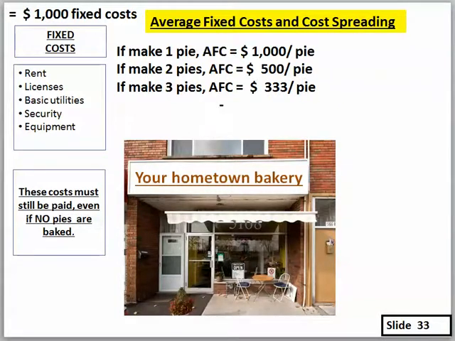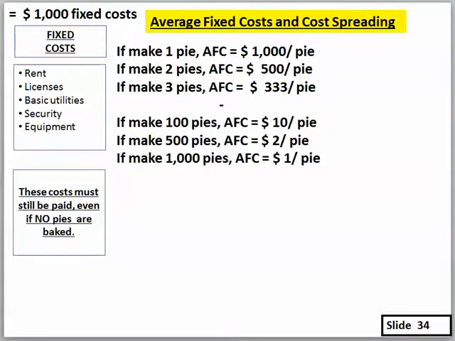So obviously, the more pies we make, the less fixed cost each pie has to bear. So we're spreading that fixed cost over more and more pies. You can see by the time we get to 500 pies, we're down to $2 a pie. If we can get to 1,000 pies in a month, each pie only has to generate $1 to cover our fixed costs.